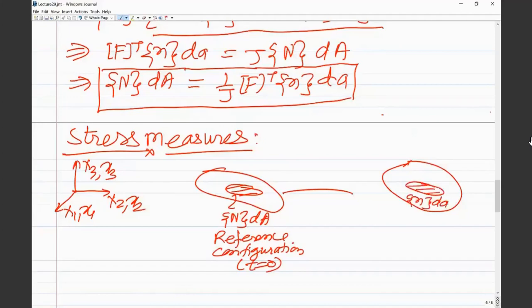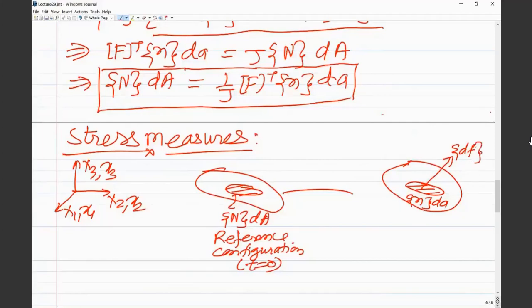In the deformed configuration, actually in any deformable body, when you apply the load, it deforms. So finally the load acts on the deformed body. Let us say there is a differential force vector df acting here, and let us say that force vector is the traction.